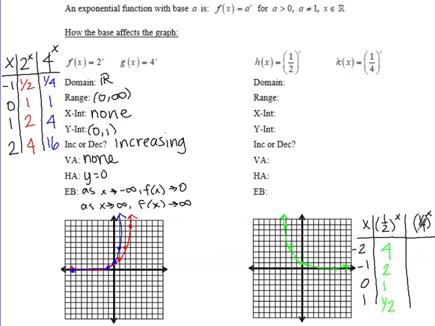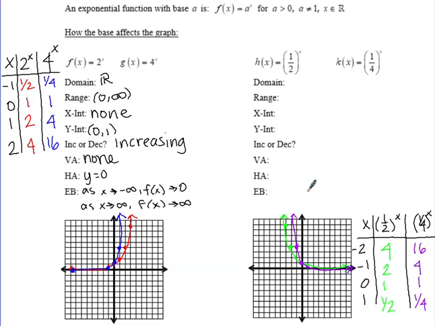If I look at y equals 1/4 to the x, 1/4 to the -2 power is 16, 1/4 to the -1 power is 4, 1/4 to the 0 is 1, 1/4 to the 1 is 1/4. Obviously 16 is off my graph. And there I have my curve.